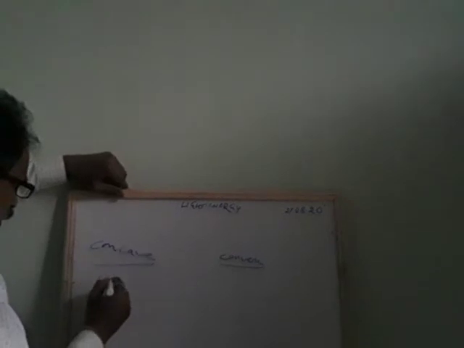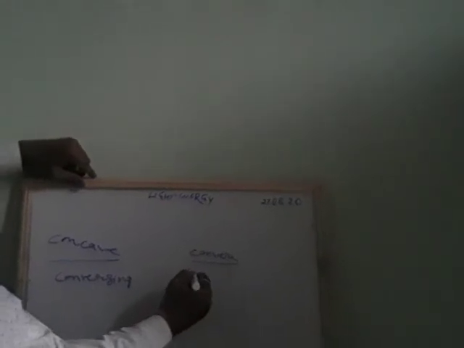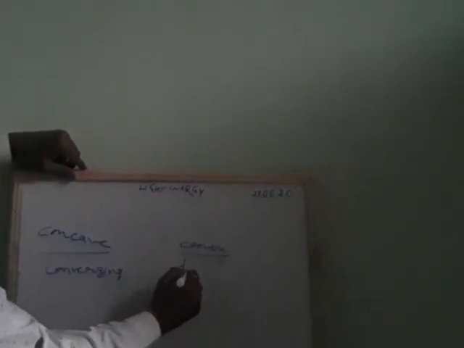Okay, concave mirror has a parallel focus. It is used in solar cookers. So see very well, concave mirror is generally called a converging mirror. Concave mirror we call converging mirror. Convex mirror we call diverging mirror.